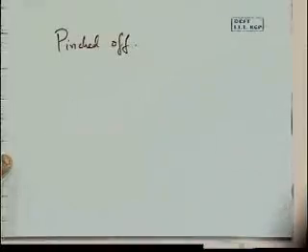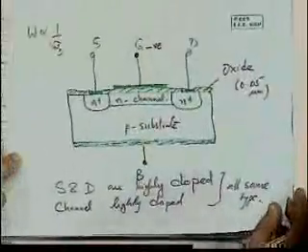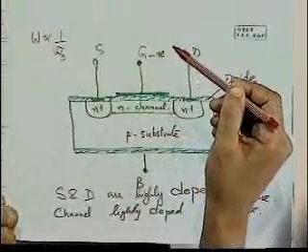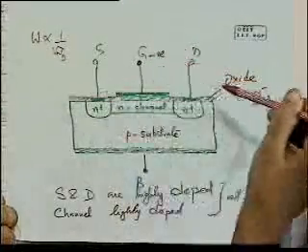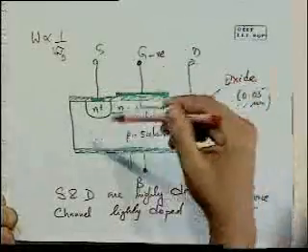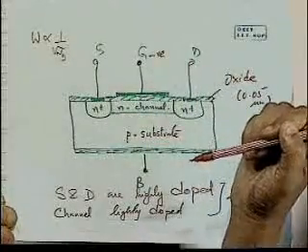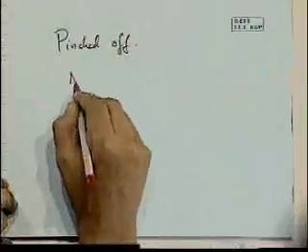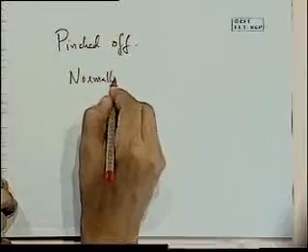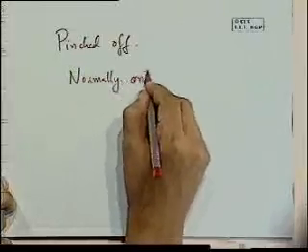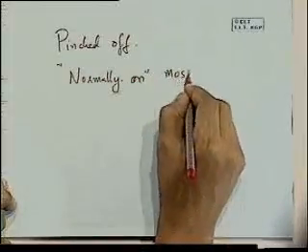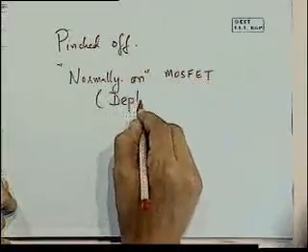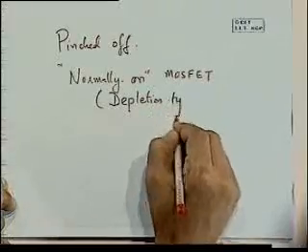So in this case also, as in the case for the JFET, if I do nothing to the gate and I just leave it unbiased, current will flow, maximal current will flow between source and drain. As I increase the negative bias on the gate, it eventually gets pinched off. So this too is a normally on device. Because of the depletion there, it is again another depletion type device.